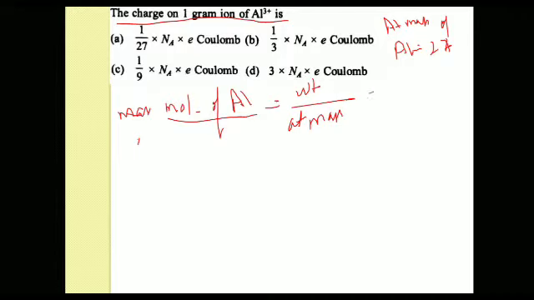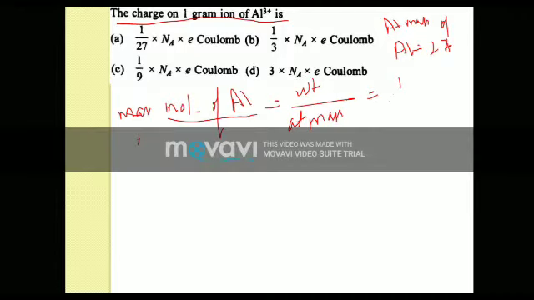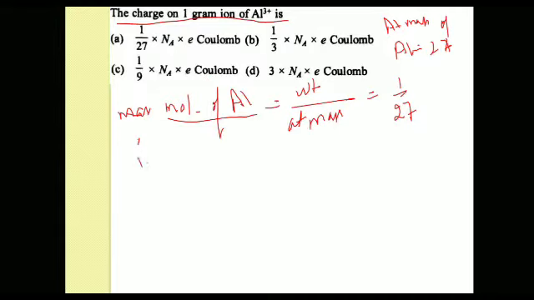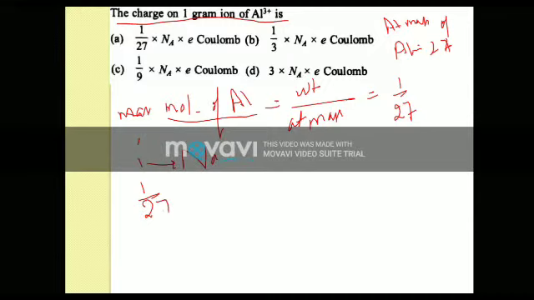The weight given is 1 gram divided by the atomic mass, 27. So 1 by 27 is your mole. So 1 mole will have Avogadro's number, right? So these many moles, 1 divided by 27, you just multiply it by Avogadro's number.